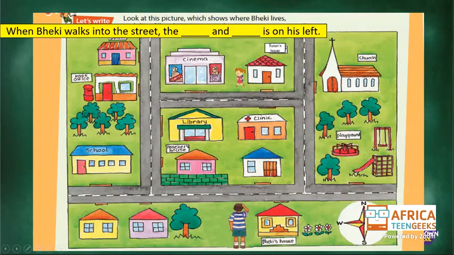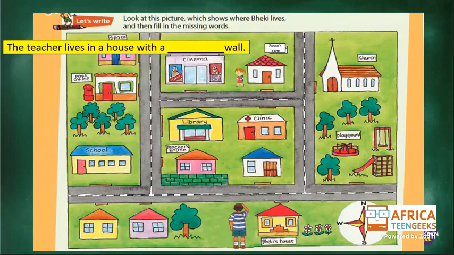So what's on his left? There's two things on his left. The school and the teacher's house. Excellent. Okay, the second question. The teacher lives in a house with a something wall. Pink. Good. Pink wall. Good.